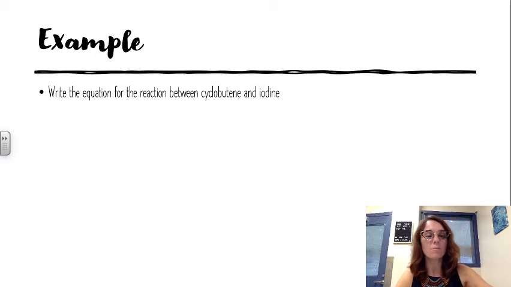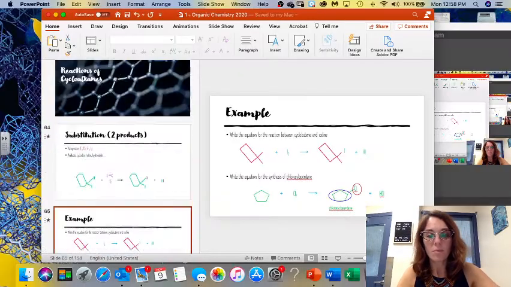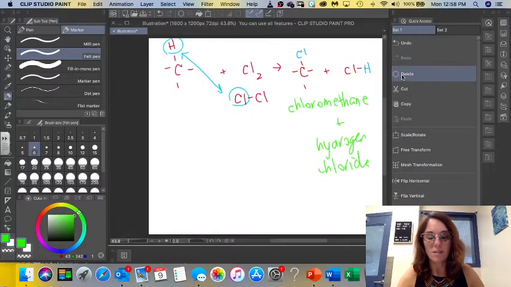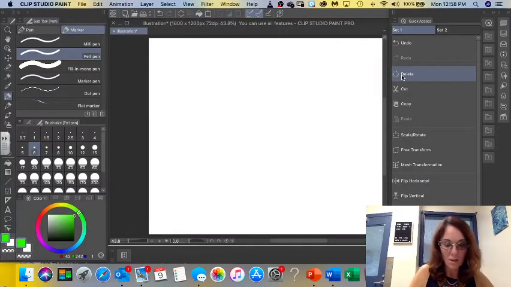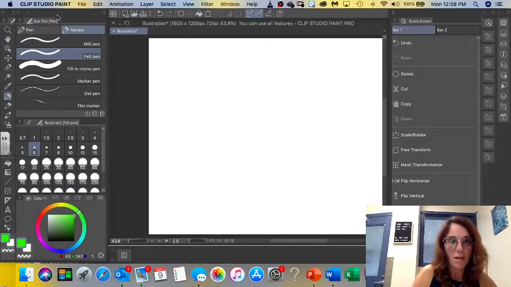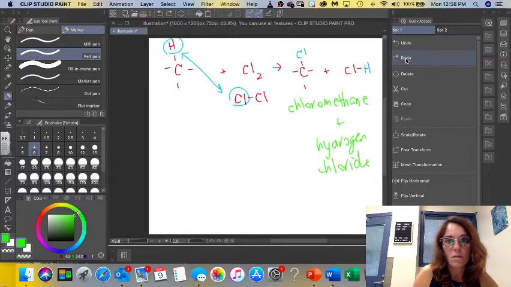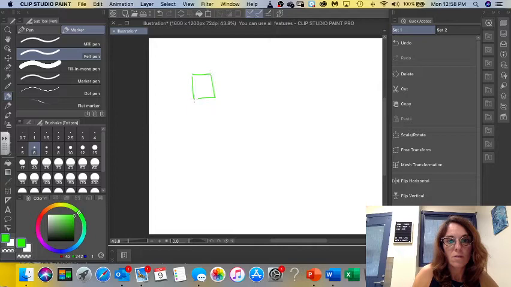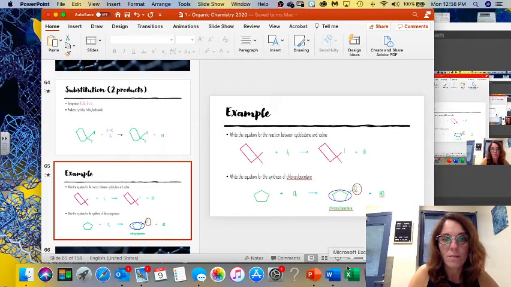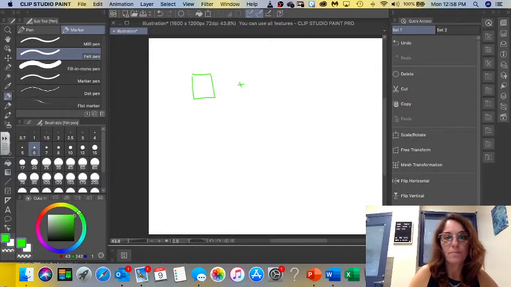So here's an example. We've got cyclobutane and iodine. So my first step is to draw out what my cyclobutane would look like. So butane has 4 carbons. Let's actually do this as a ring structure. So cyclobutane and iodine.